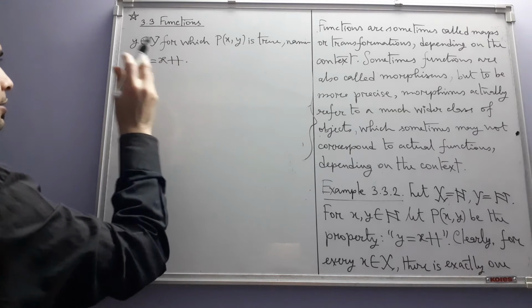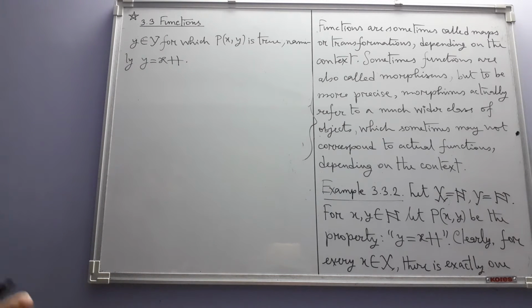This particular value of y is the y for which P(x, y) is true. So that means our P is satisfying the vertical line test.